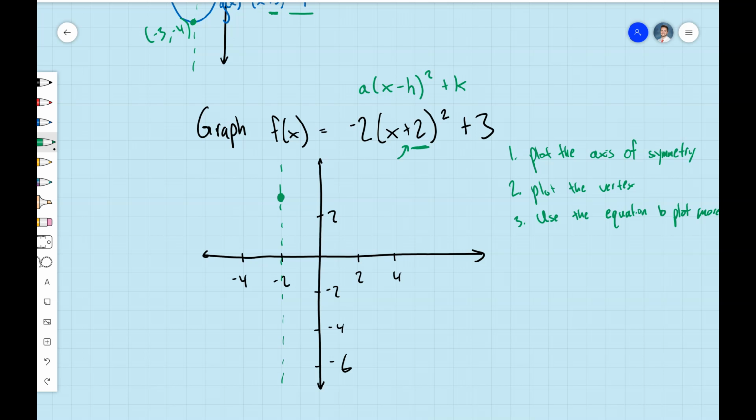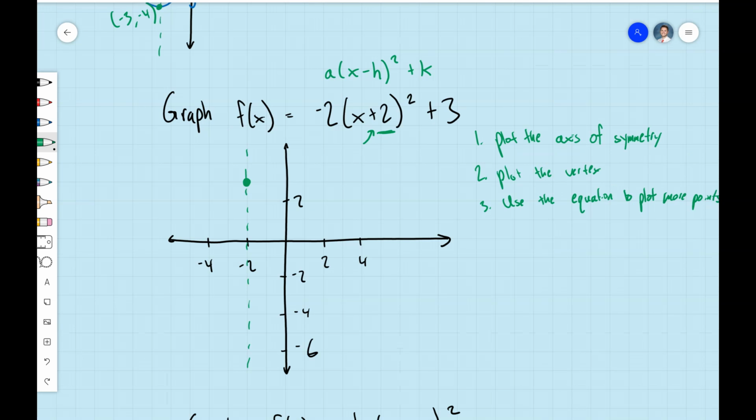And then we can use our equation to plot more points. We're also going to use our axis of symmetry to help us out here. Let's find 2 points to the left of our axis of symmetry, and then use the axis of symmetry to plot 2 corresponding points to the right, and then we'll have a total of 5 points to graph this quadratic. So we have negative 2 times x plus 2 squared plus 3. Let's solve when x is negative 3.